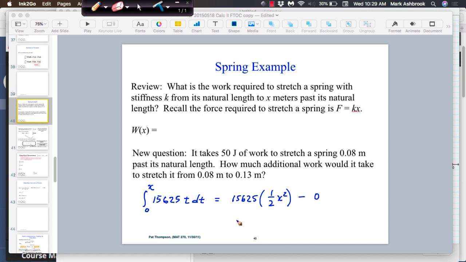Okay, so now this is the closed form version of how much work it would take to stretch it from 0 to x, right? That's how much work it would take to stretch from 0 to x.